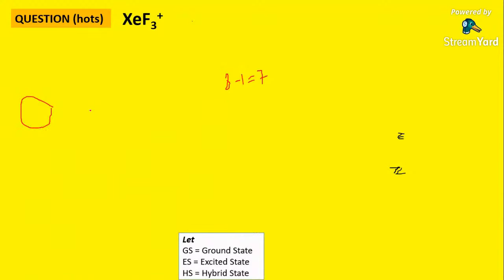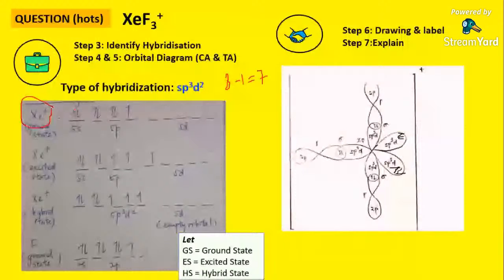There are 2 lone pairs, so this one remains, and this one needs to be excited. So these 3 unpaired electrons will pair with the 2p orbitals of the fluorine atoms. As excited, 3 5p and then 1 5p, so this one is sp3d, 1s, 3p, and then 1d.